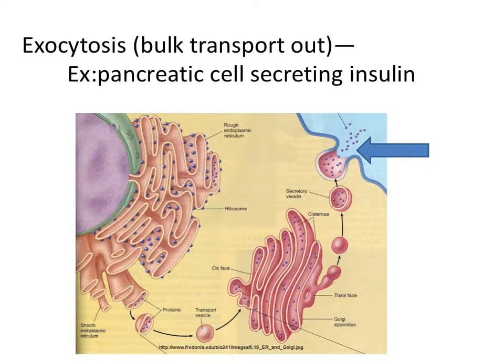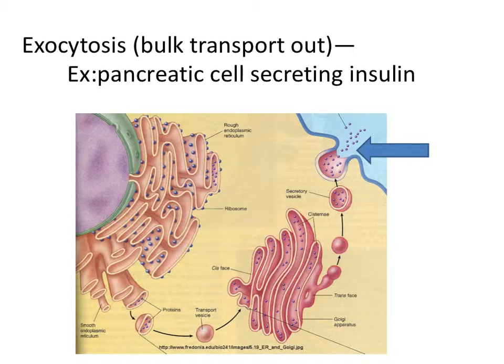So here's another picture of exocytosis. And this can be a little reminder of cell organelles that we've talked about. So here's the nucleus. Here's the rough endoplasmic reticulum. It's sending out a little bundle of proteins. Maybe it's insulin in the pancreas. Okay, it gets sent to the Golgi.